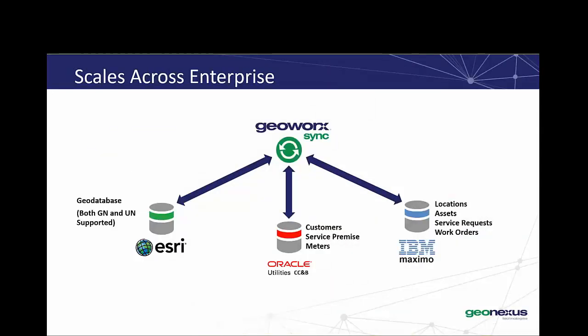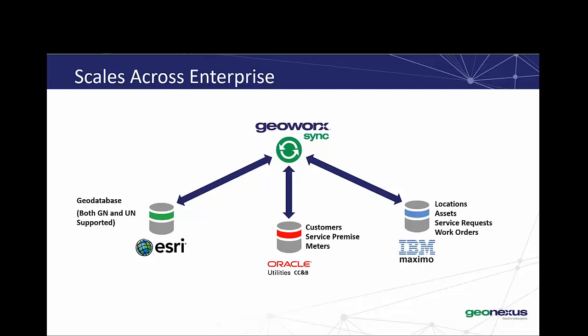And then the system can scale. Maybe you start off using it within your GIS department only, and you're synchronizing your geodatabases, but then down the road you may want to tie in perhaps a work and asset management system or a customer information system. All you do is take advantage of our connectors for those systems and then perform your data mapping. So an example is you may have a meter. That meter might have a home in your customer information and billing system because the meter belongs at a premise, at an address. You have a reading to bill that customer for usage.